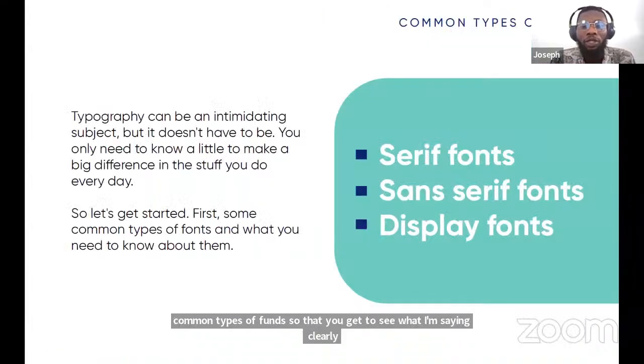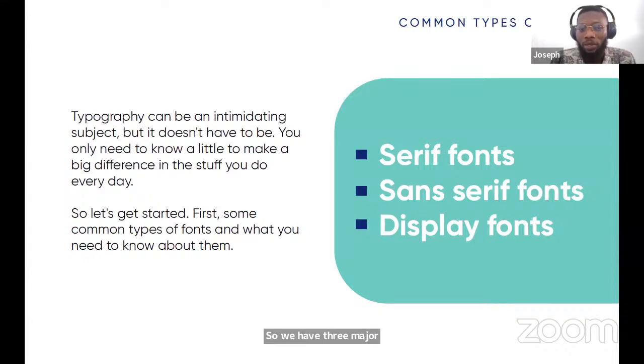So we have three major types. I said three major types because from display, there are other ones. The script, script is on the display, right?